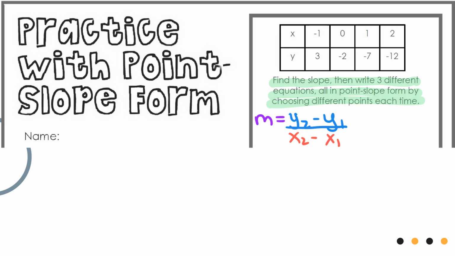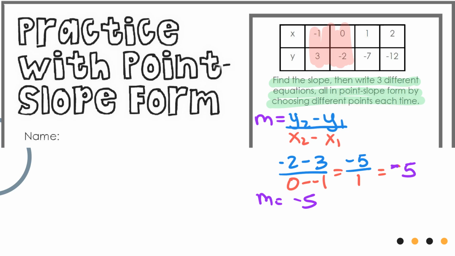So I'm going to choose these points as my y2 and y1 and x2 and x1. So I have -2 minus 3, all divided by 0 minus -1. And if we simplify that, we get -5 all over +1. So -5 is our slope.